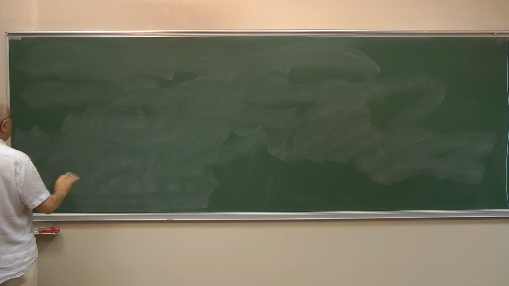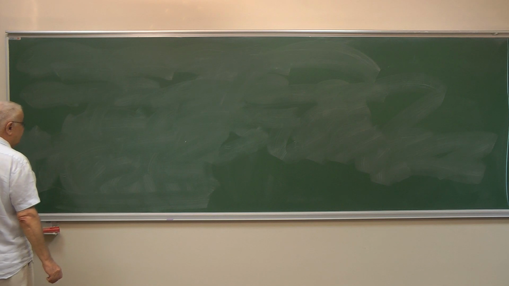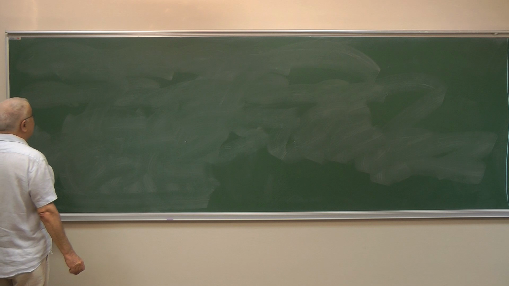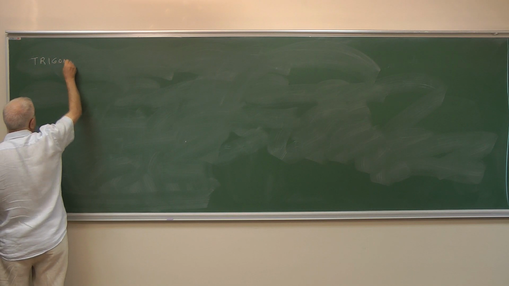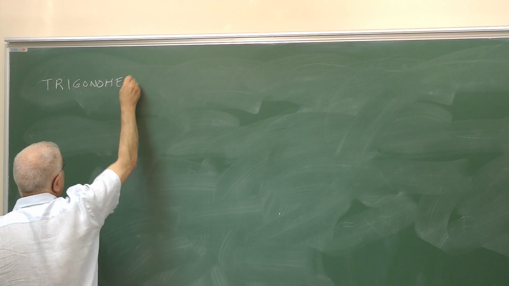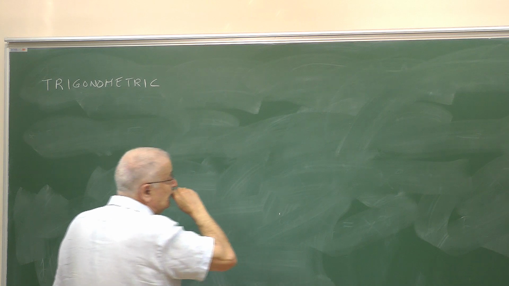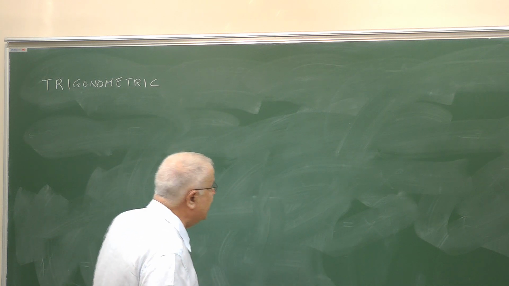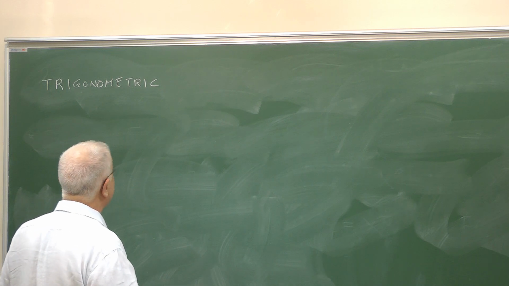We know about when people started thinking about trigonometric functions. This is about 1600 BC, Babylonian mathematics.